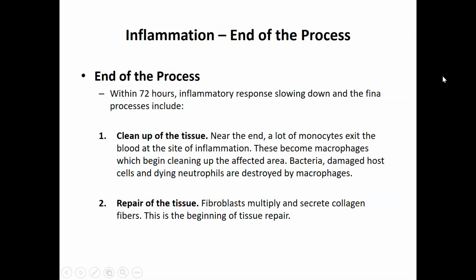All right, how does inflammation end? What happens when the process begins to peter out? In an inflammatory response, typically this gets resolved within 3 days or so, and the signs of the inflammation start to disappear. So what happens as a result is two things.